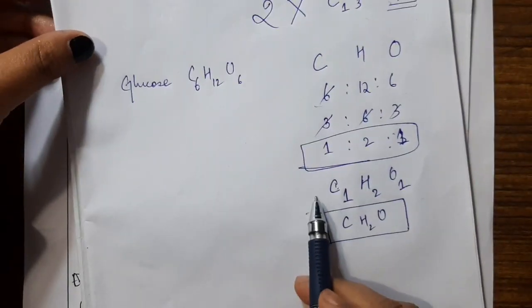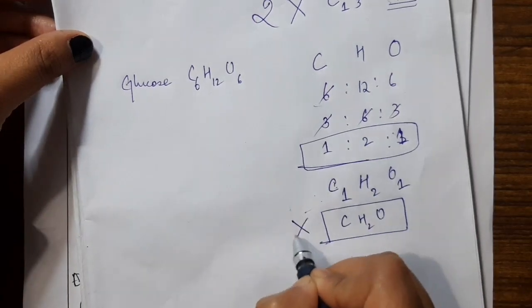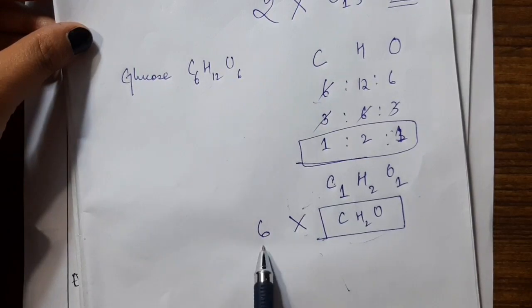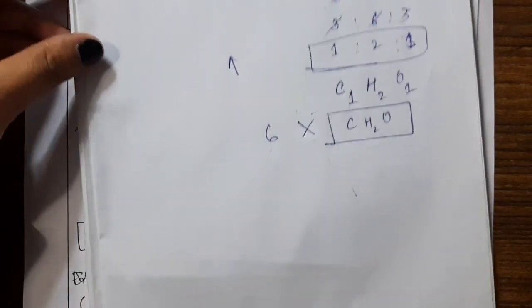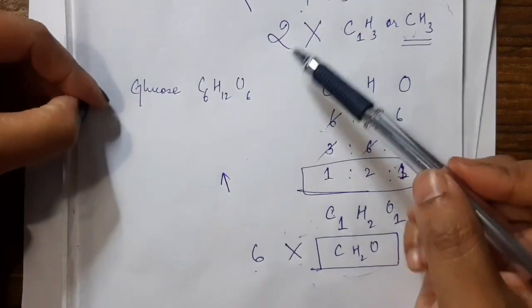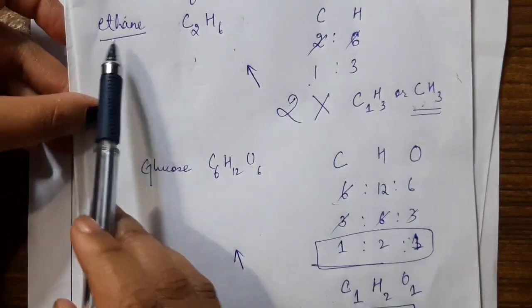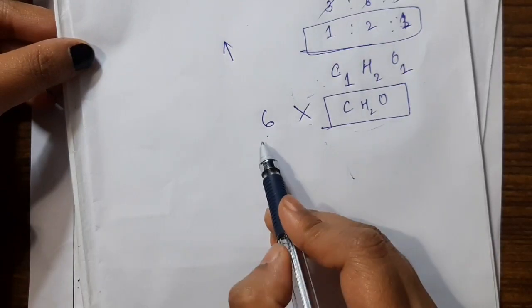With how much do we have to multiply to get the molecular formula for glucose? Into 6. If we multiply the empirical formula by 6, we get the molecular formula. Yes or no? So in the first case, for ethane, we multiply by 2 to get the molecular formula from the empirical formula. Here we have to multiply it by 6.